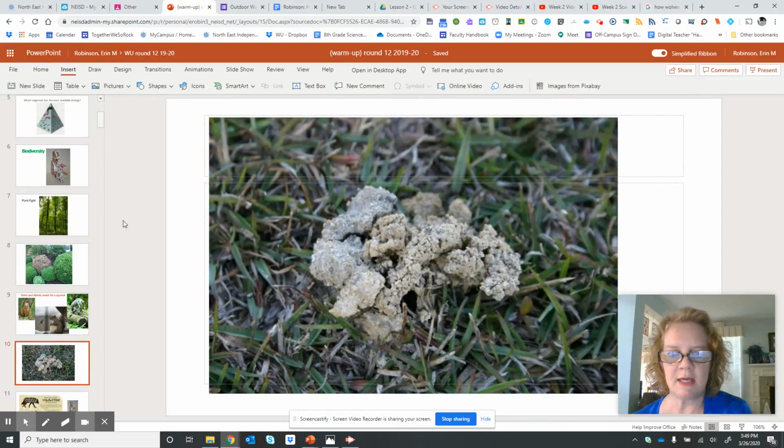And then lastly, I just wanted to show you this last little goofy image here. This is a casing, and maybe you've seen it. It's the leftover remains of digested material by a little critter. And I'm not going to tell you what the critter is, but it's a decomposer, and it actually takes dead leaves and plants and eats them and breaks down that material. And this is the leftover remains.